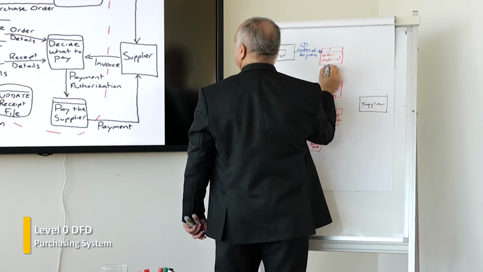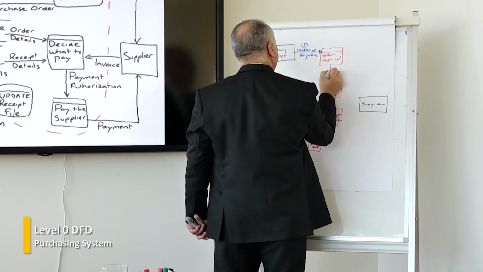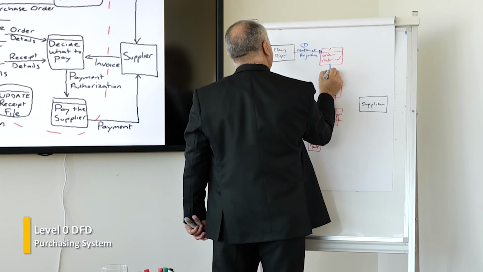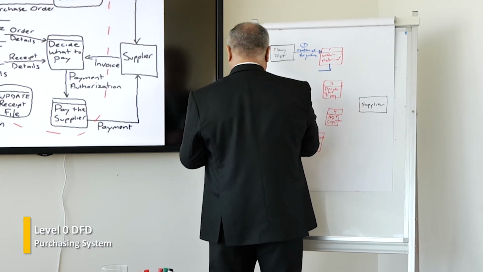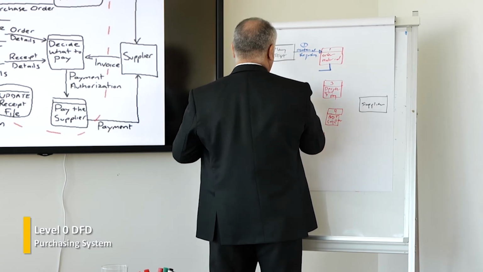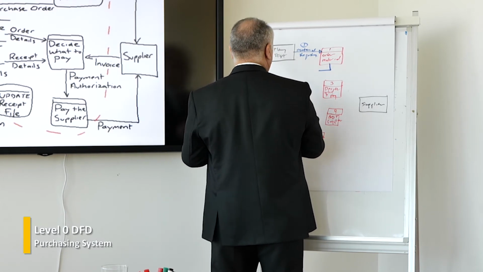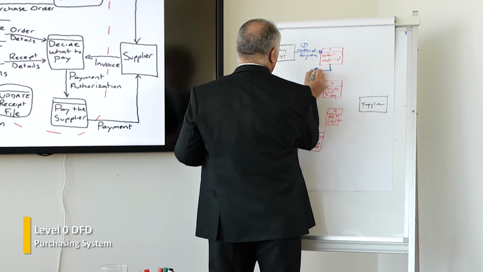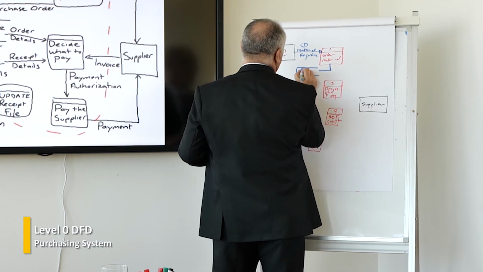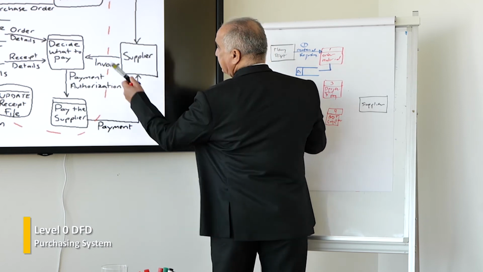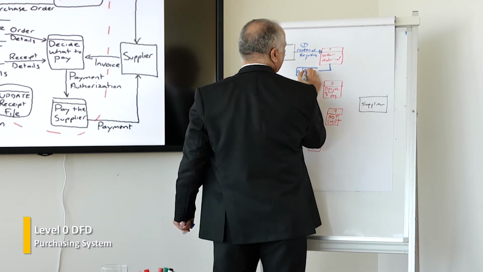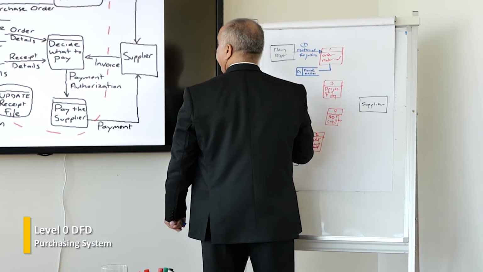Now, the order material process will generate a data file. We call it D1, and in this case we will call it the purchase order file.